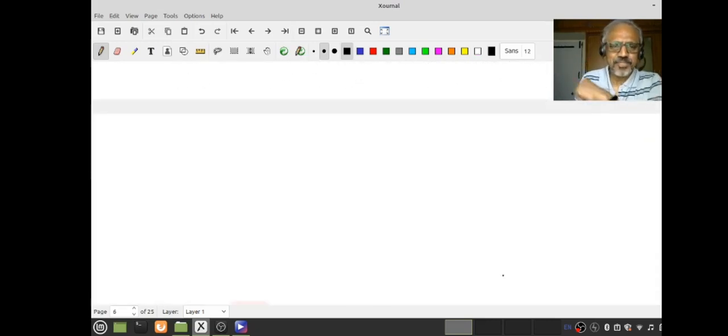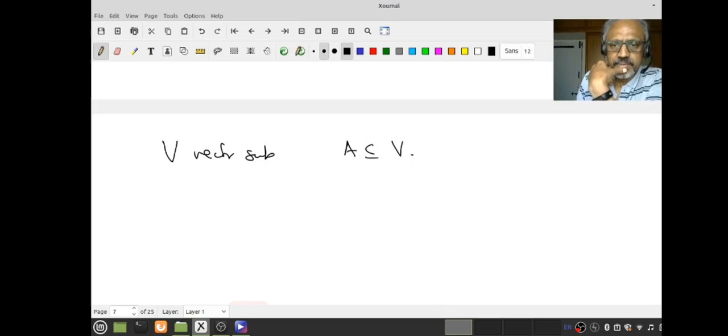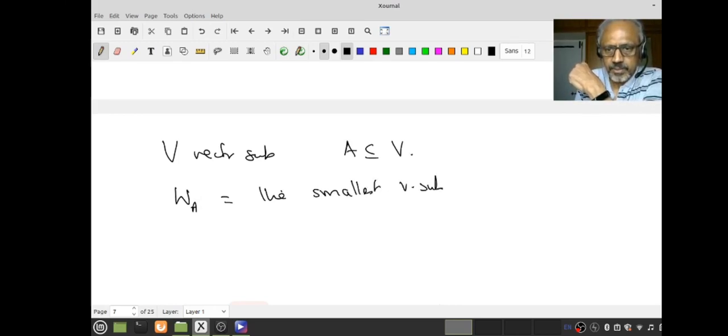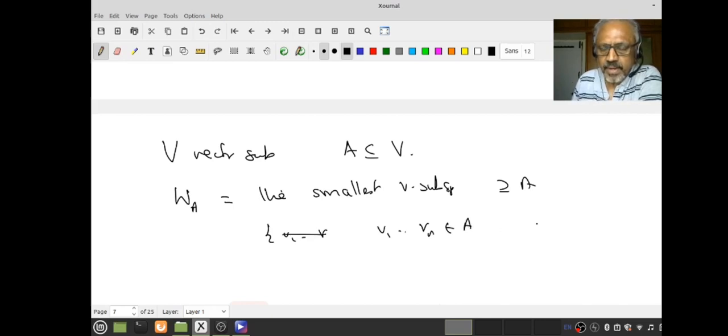And the same thing with respect to vector subspace. Suppose V is a vector space and A is a subset of V. Then I know there exists W_A, the smallest vector subspace containing A. I know it exists. Now what do I know? Suppose I start with any collection v1 to vn in A, and c1 to cn in the scalars.